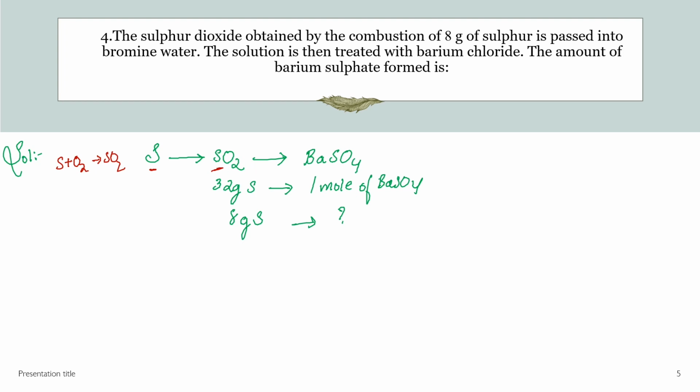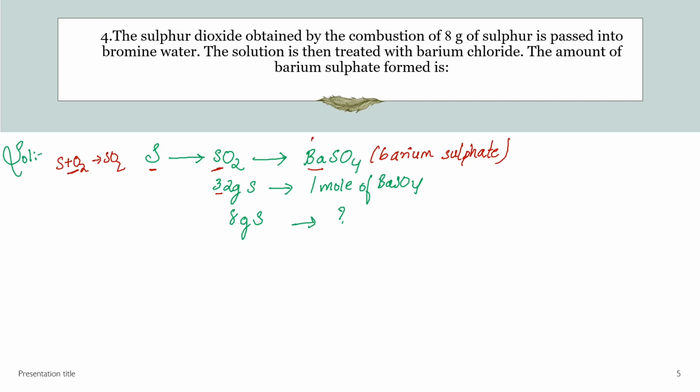That is, with combustion of sulfur, we formed sulfur dioxide. And when the sulfur dioxide is passed into bromine water, the solution obtained is BaSO4, which is also known as barium sulfate, right? And the molar mass of sulfur is 32 grams. For 32 grams, 1 mole of BaSO4.